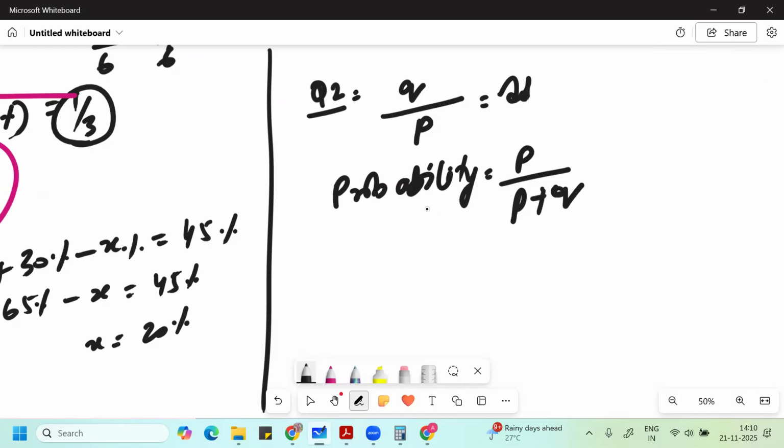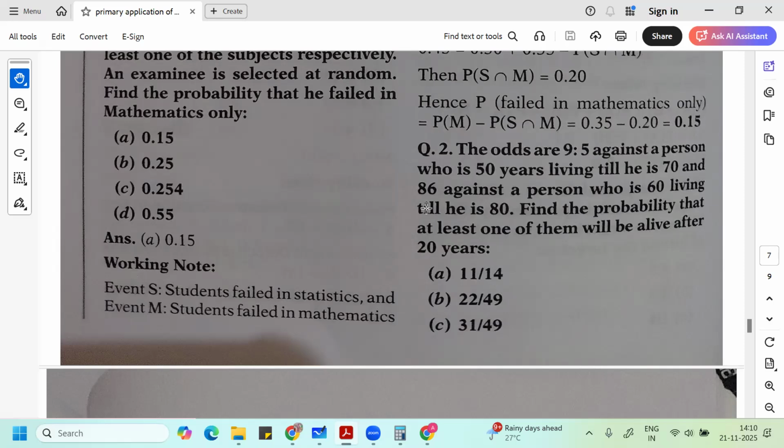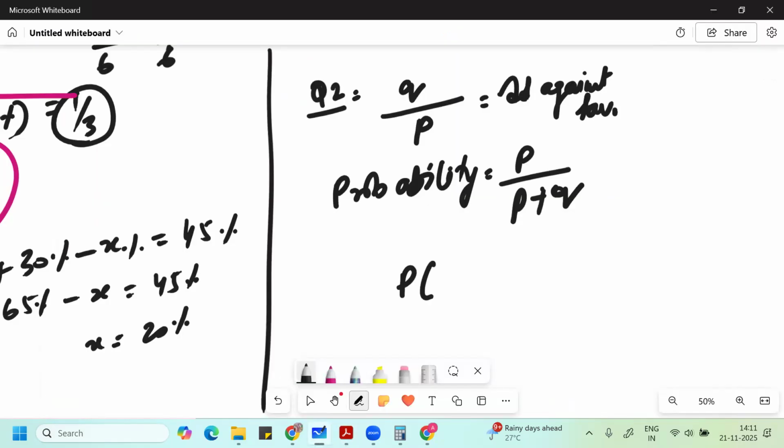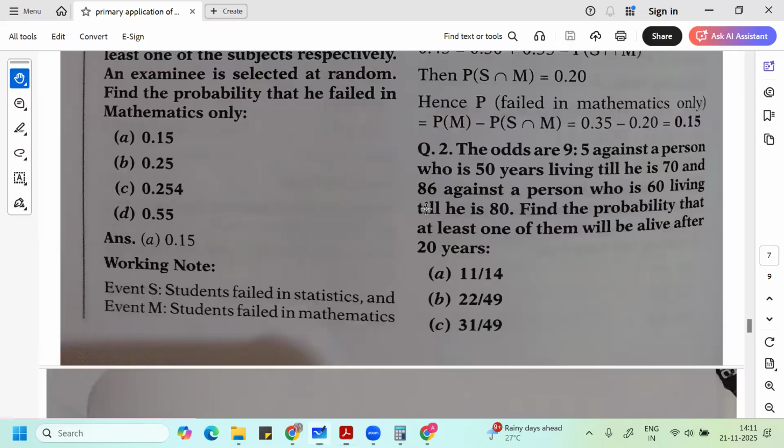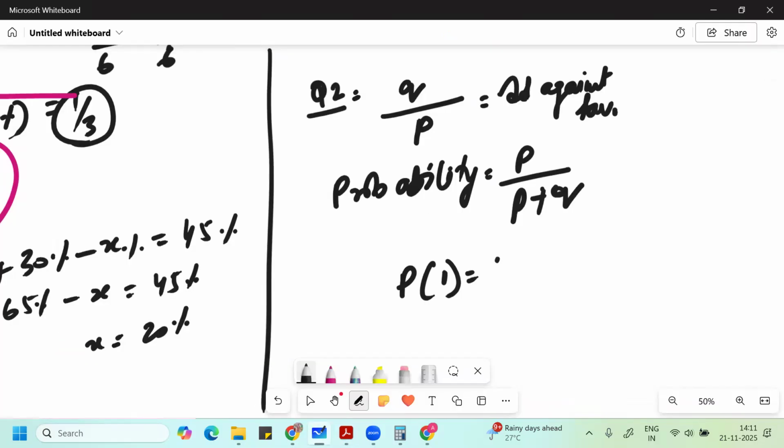So the probability that the person aged 50 will live till 70 would be 5 by 14.